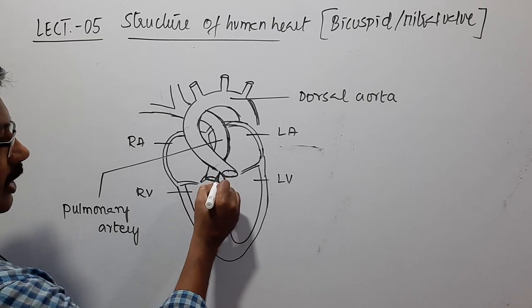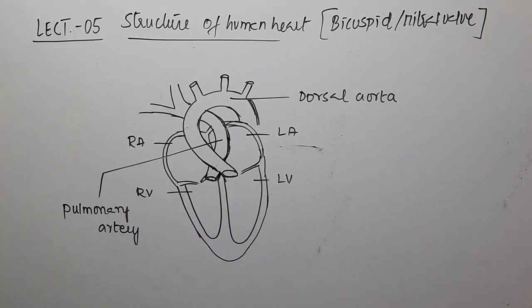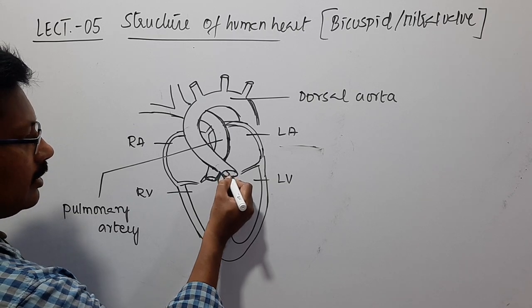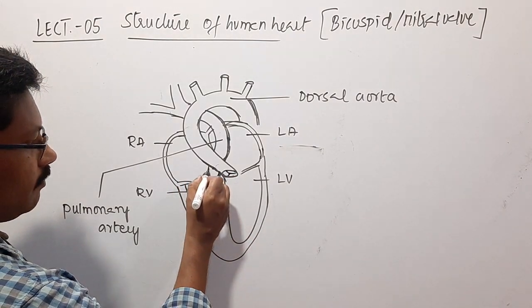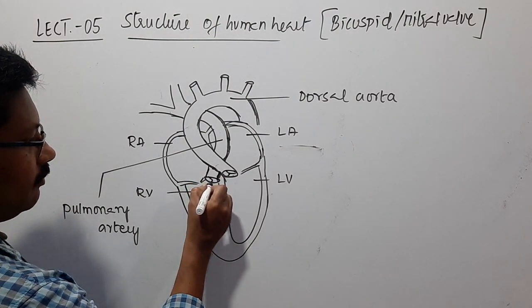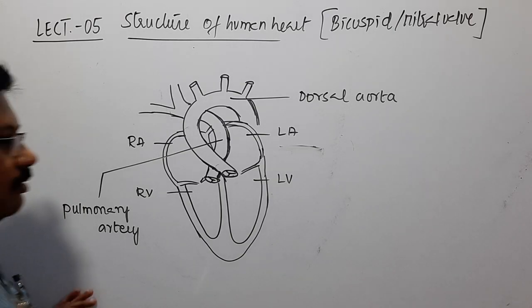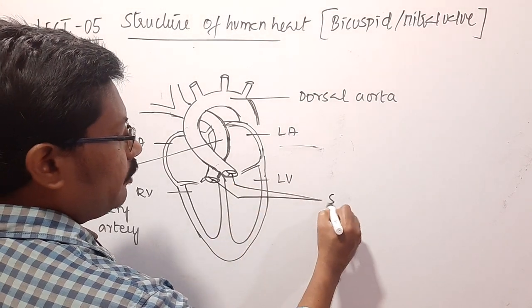Both the dorsal aorta and the pulmonary artery are guarded by valves, and these are called the semilunar valves.